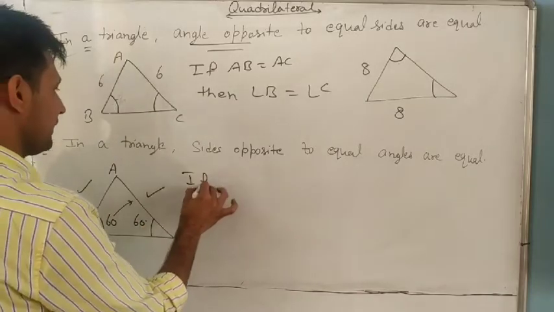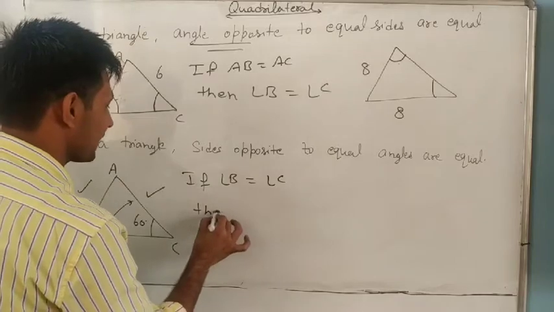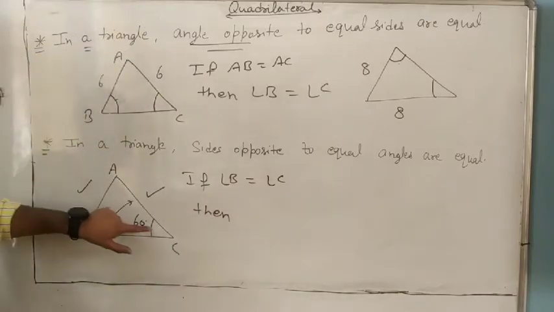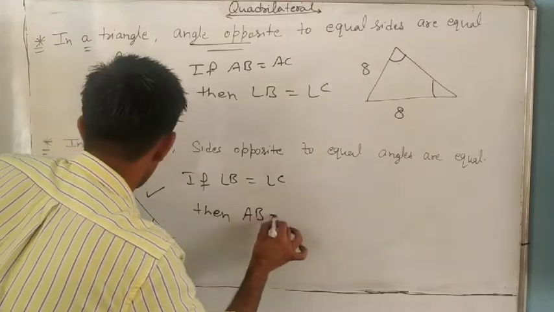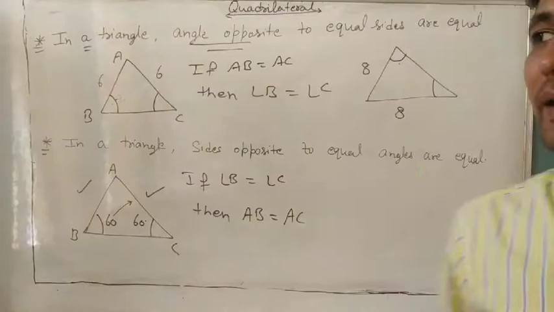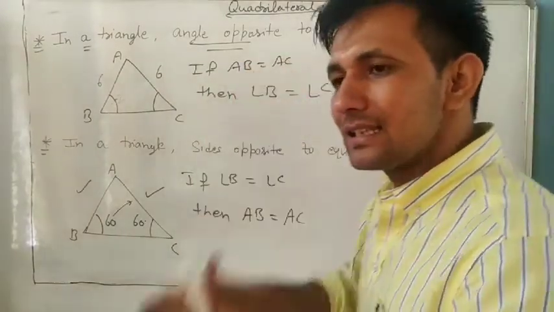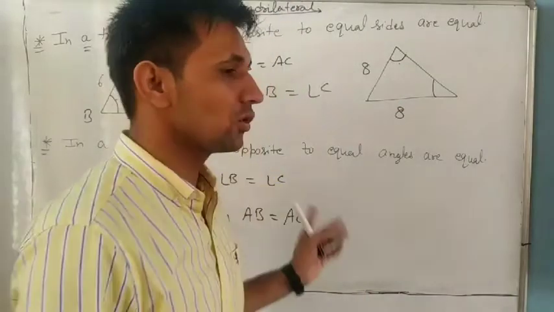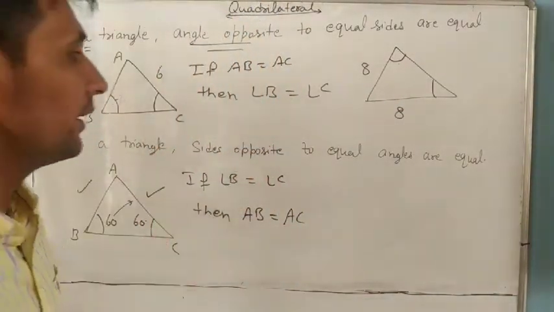If angle B equals angle C, then the opposite sides, AB and AC, are equal. These are very important. Always remember, if sides are equal, then opposite angles are equal. If angles are equal, then opposite sides are also equal. This is only for a single triangle.